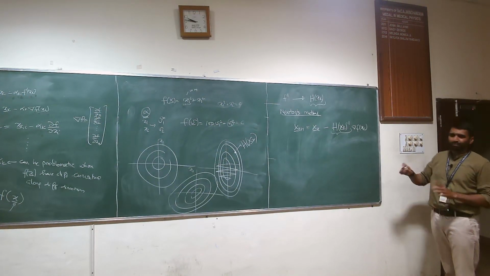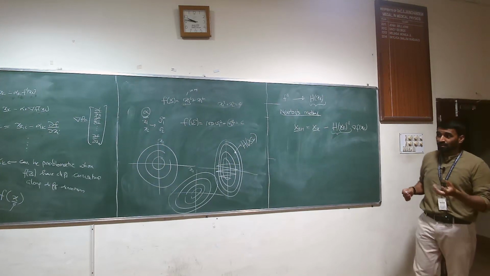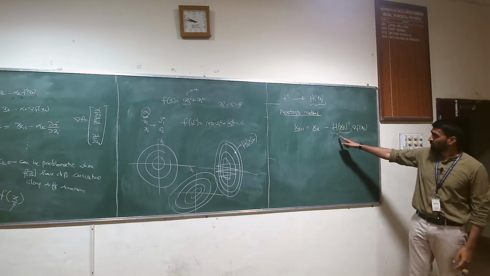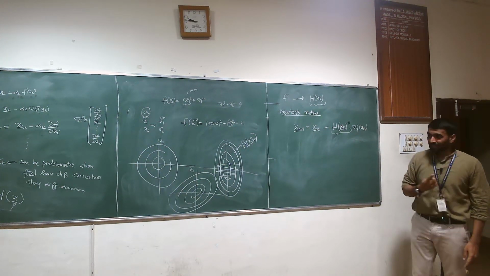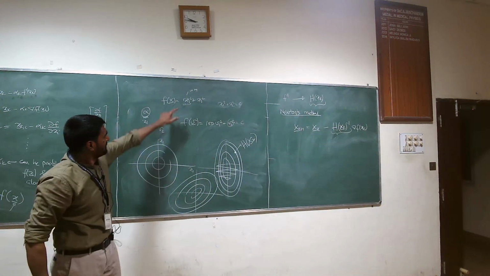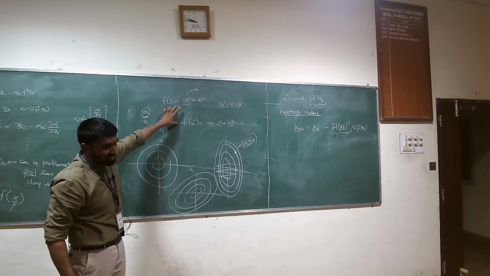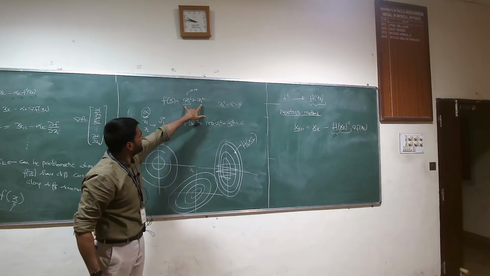And if your f of x that you started with was in fact a quadratic function, you will reach the solution in one step. That means if you are dealing with quadratic problems, where f of x is a quadratic function, and you change variables.